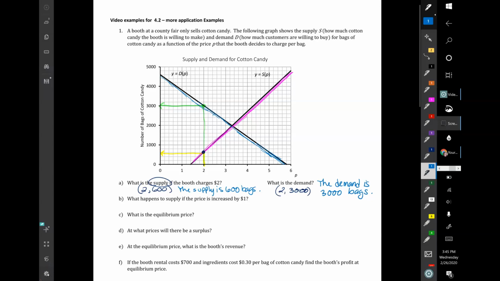Part B says, what happens to supply if the price is increased by $1? Let me get rid of this green and the yellow.